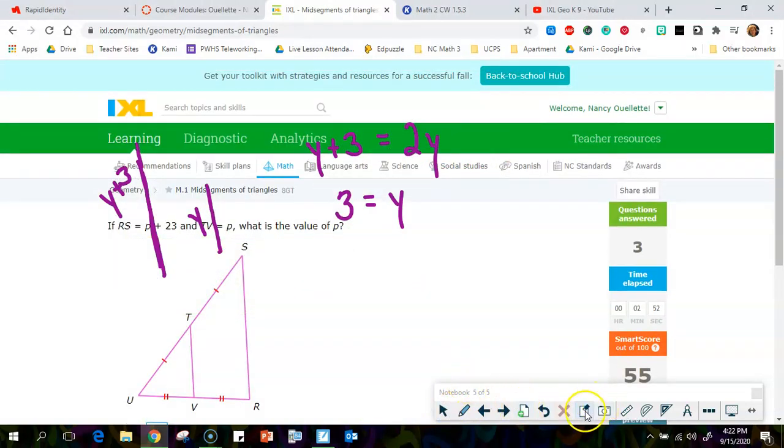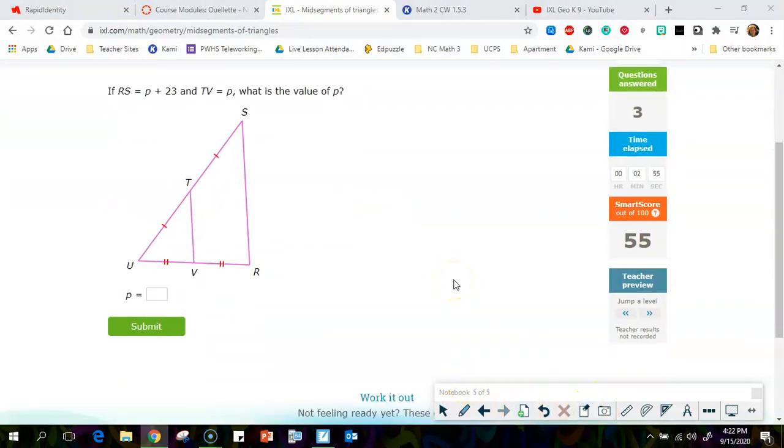Okay, let's see what we've got here. RS is P plus 23. Where's RS? RS is this one, P plus 23. And then TV, which is the mid-segment of it, is P. So P would be 1/2 of this, or we could say P plus 23 is 2 times P because, just like the last one, it's easier than dealing with a fraction.